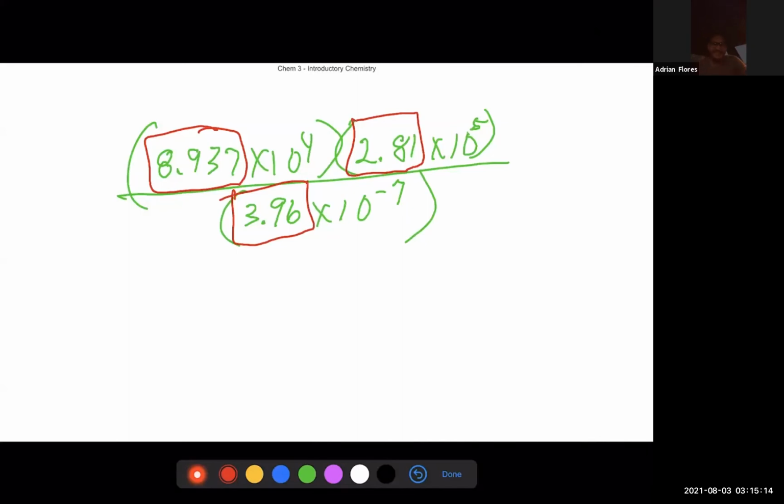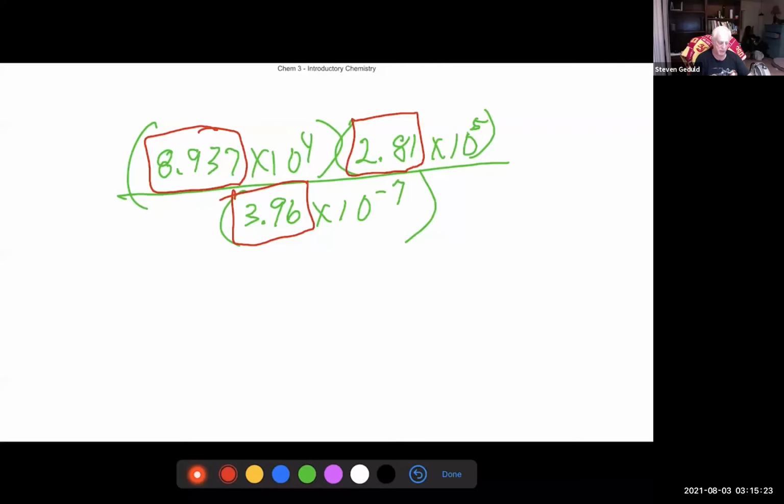So 8.937 times 2.81, because they're on top, divided by 3.96, because it's on the bottom.